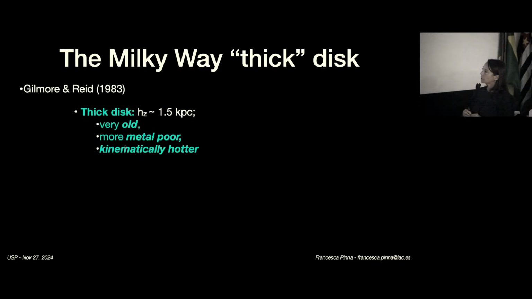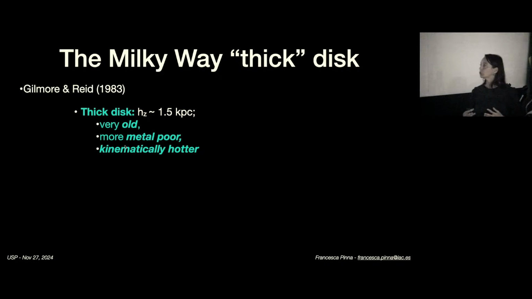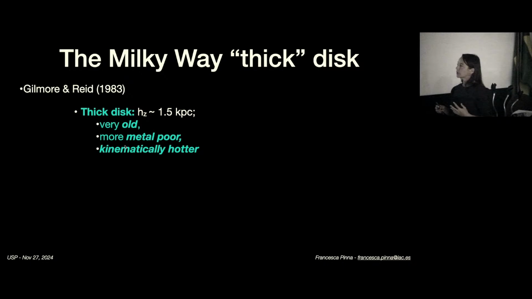A bit later on, the thick disk was also identified in the Milky Way. But in this case, we could extract spectroscopically the properties of individual stars, and therefore it was possible to identify some key properties of the stars of the thick disk. The thick disk stars were found to be very old, metal poor, especially older and more metal poor with respect to the stars in the thin disk, and kinematically hotter. Here, by kinematically hot, we mean with higher velocity dispersions.